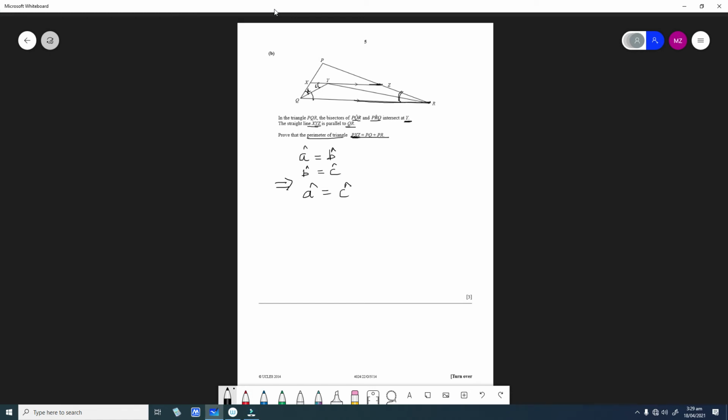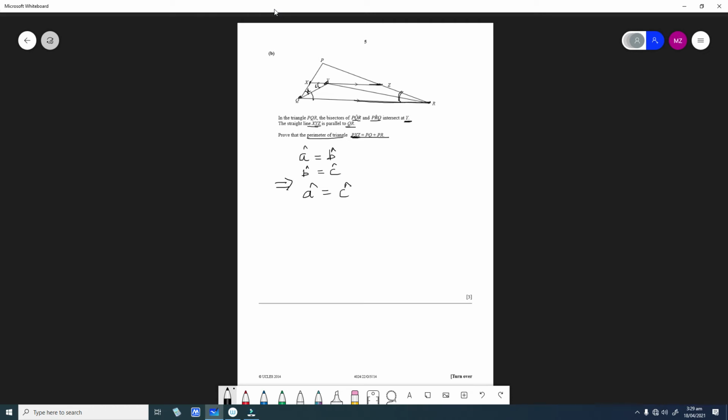Now, if you take into account the triangle XQY, in XQY, A is equal to C. If A is equal to C, it means that this triangle XQY is an isosceles triangle.